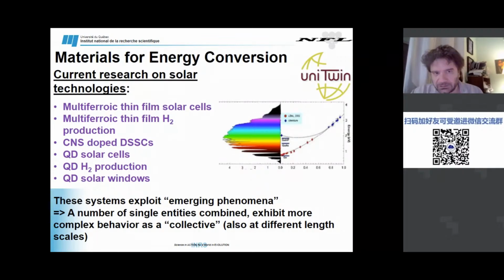Today I'll talk out of necessity because of limited time. I'll talk mostly about energy conversion, and in particular our studies related to solar technologies. So you can see here in this slide, this is the solar spectrum. This is the intensity distribution of solar photons that reach the surface of the Earth every day.